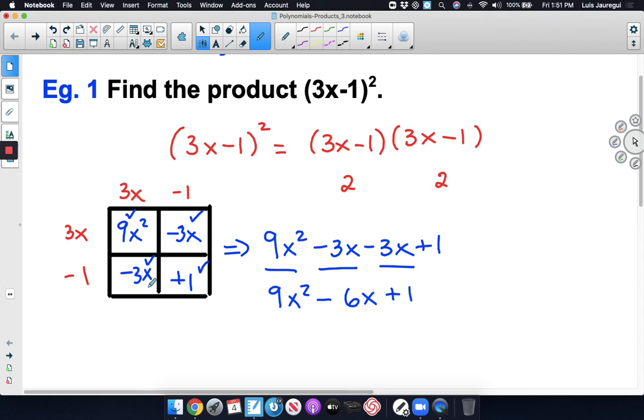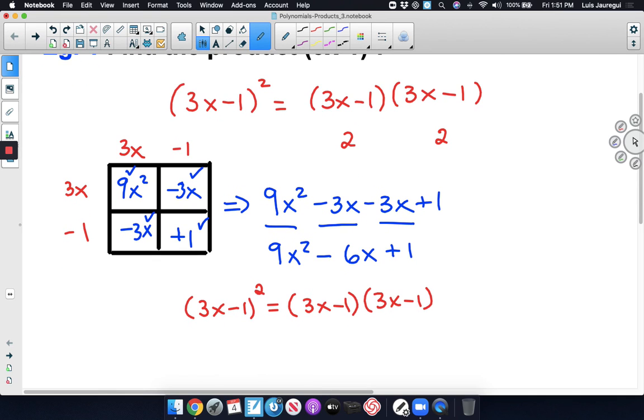The area of the entire square is given by this quantity, 3x - 1 to the second power, which is the same as 3x - 1 times 3x - 1, or more importantly, this can be written as 9x² - 6x + 1.